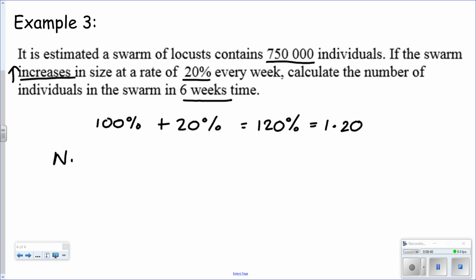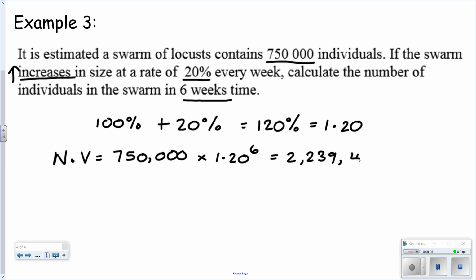So the new amount of locusts after 6 weeks is taking the original amount of locusts, 750,000, times the percentage multiplier, to the power of 6, because it's 6 weeks' time. This time, a huge increase, because it's 20% every week. That goes to 2,239,488 locusts. Again, there's no rounding requirement, so I can leave my answer.